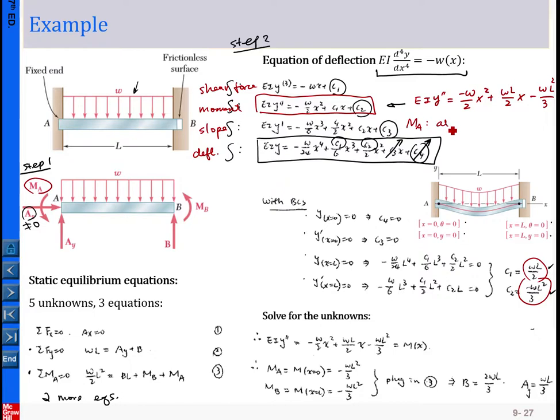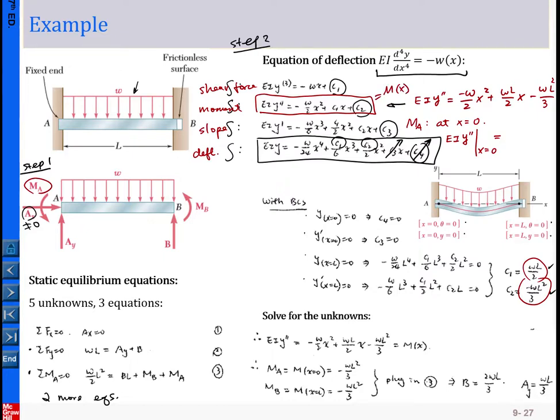So MA is the moment at x equal to 0. Therefore EI y double prime at x equal to 0, let me do this one more carefully, basically gives us the moment equation, M of x.